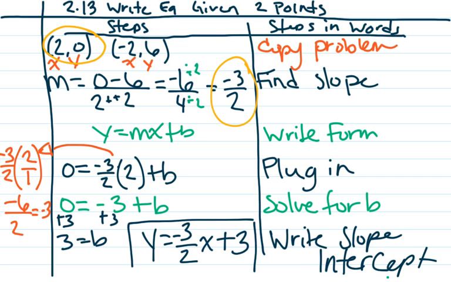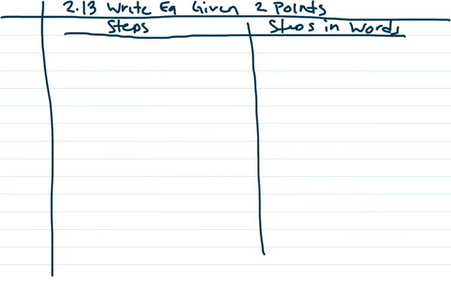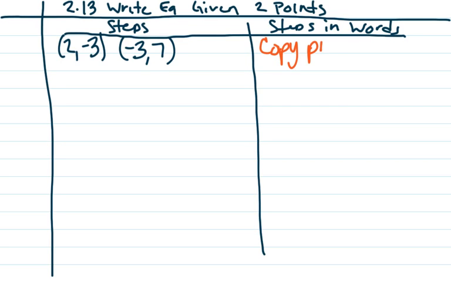Last example, and then day 2 we'll have more examples. So our problem is (2, -3) and (-3, 7). Of course, we're going to copy the problem. And then we're going to find slope.